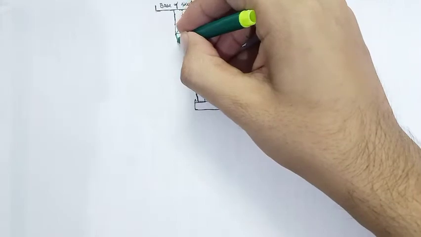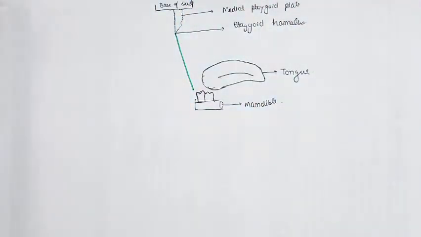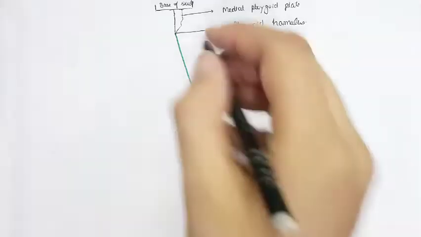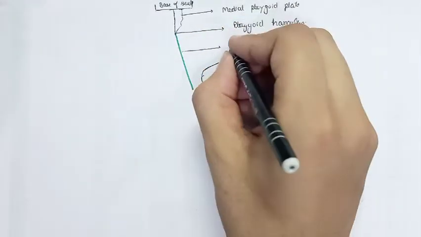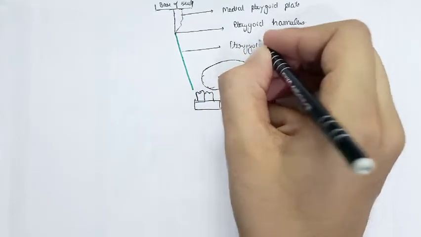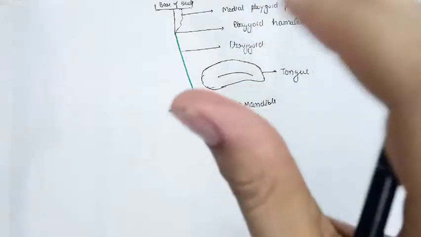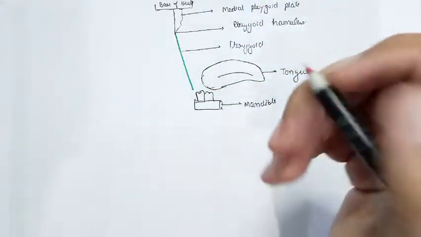So it is like this. So this is the pterygomandibular raphe. I always try to simplify the diagram, because diagrams are more important in the case of anatomy, and these are the mark scorers.